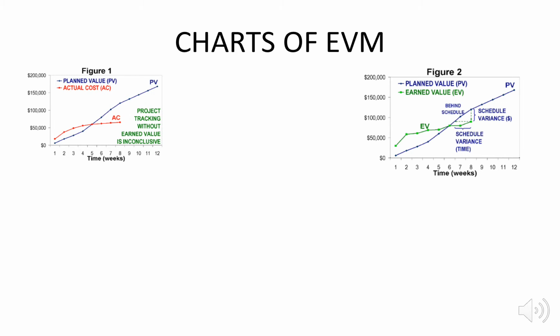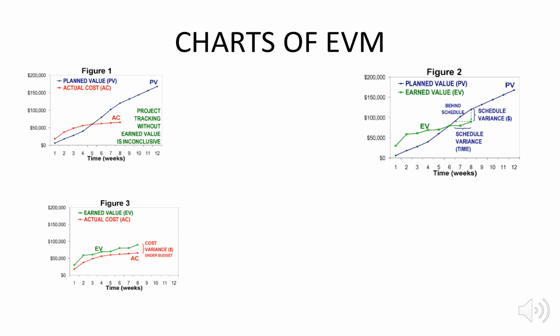Again, the time is on the x-axis and the money is on the y-axis. The blue line is the planned value and the green one is the earned value. The deviation is the schedule variance, and behind schedule means it is behind the schedule. We will talk about that in later slides.